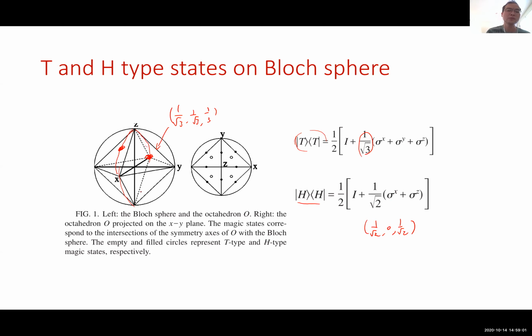Okay. And the Clifford gate, a single qubit Clifford gate, simply moves, or I mean just rotates, T and H. What you see on the right side of this figure is that the empty circles represent the T type.